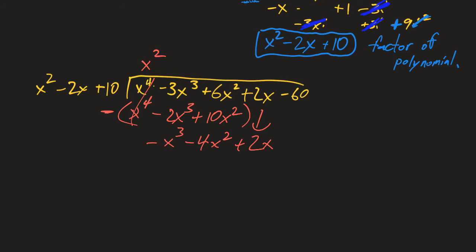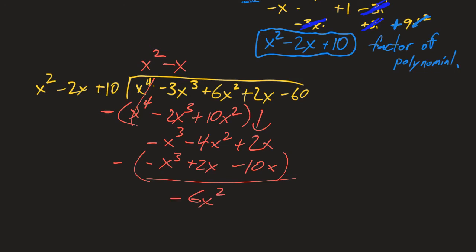Same thing again. x squared to this, minus x cubed plus 2x squared and minus 10x. Subtract, and we've got 6x squared, and this is going to be plus 12x, and of course bring down that 60 at the end. And finally, last time we're going to multiply by minus 6, and we should see that this is going to perfectly cancel out.